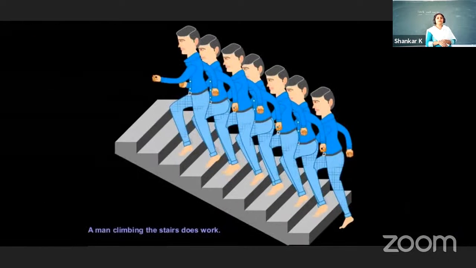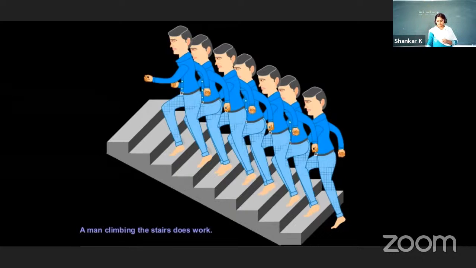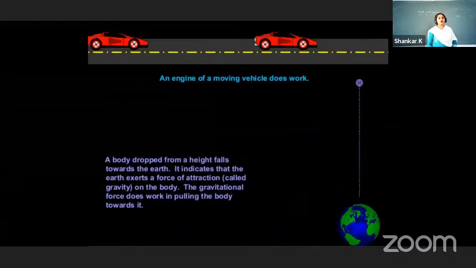The next one, a man climbing the stairs does work. So when you climb the stairs, then only you can reach the top. So this is also an example of work done. And you can see the next one. A body dropped from a height falls towards the earth. Whenever a thing falls, it falls on the earth due to the gravitational force.